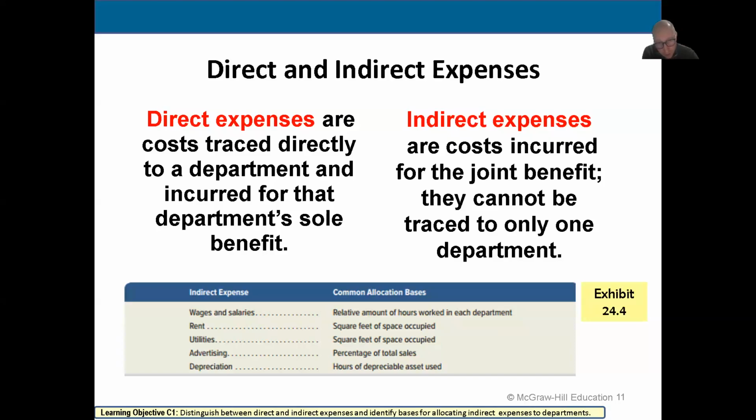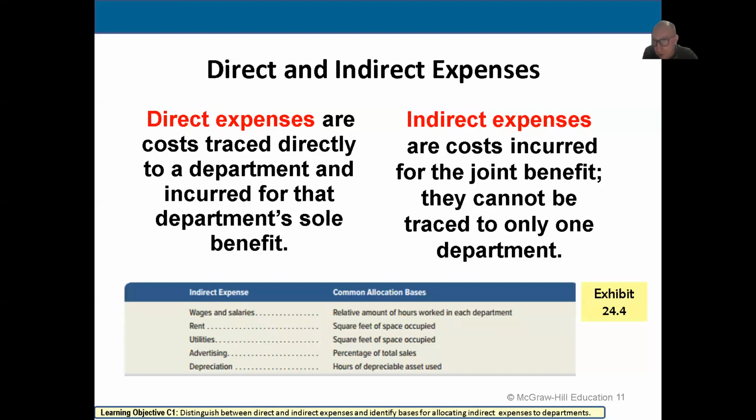A department manager has a direct expense. Their salary goes directly to the department. The store manager's salary does not. It's an indirect expense. So the way a store manager's salary works is we take their total salary and divide that by the number of departments. Typically, it's usually based off the number of hours worked in each department, some factor thereof.